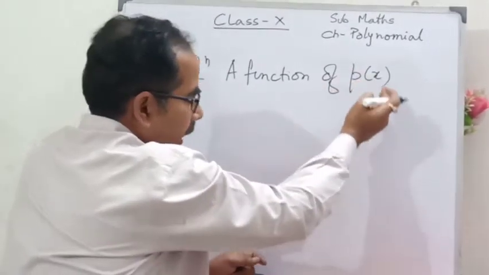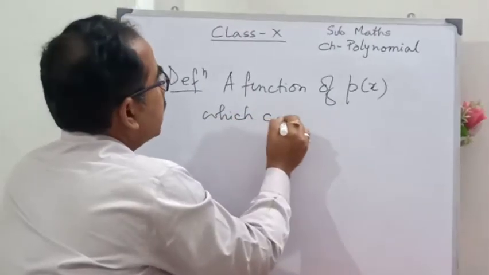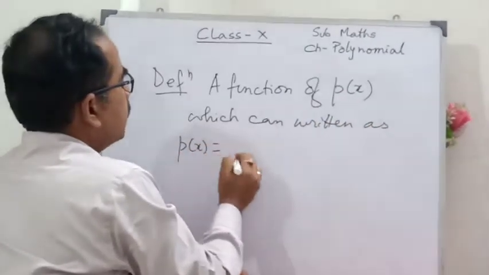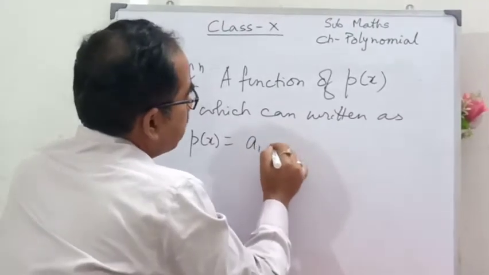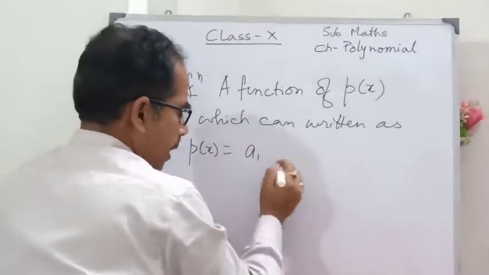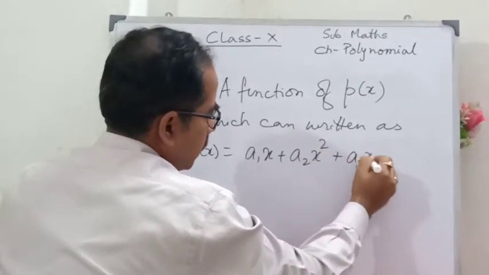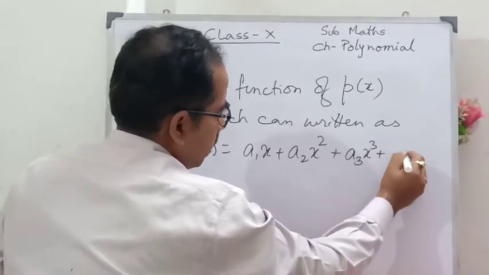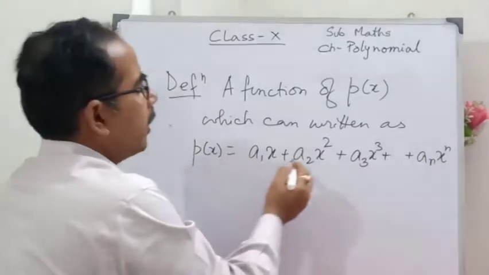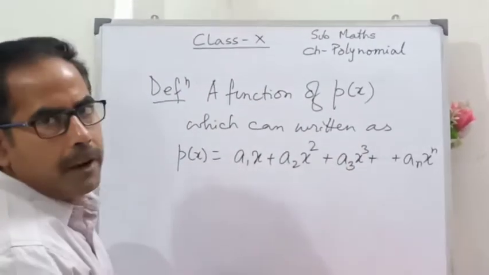So that's why I am denoting it as p of x, a function of x which can be written as p of x equal to a1x plus a2x to the power of 2 plus a3x to the power of 3 plus a(n)x to the power of n, where a1, a2, a3 are the coefficients of x and x is the variable.